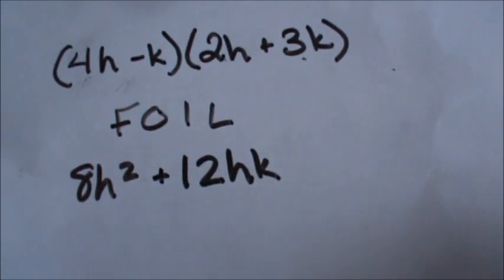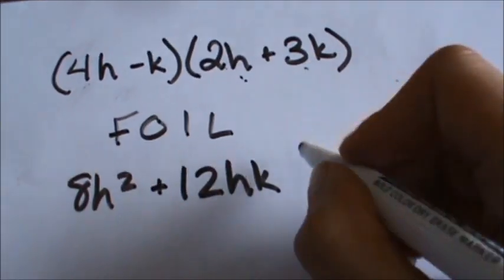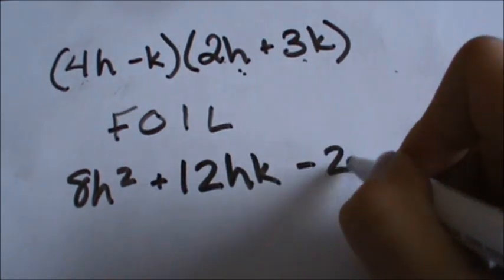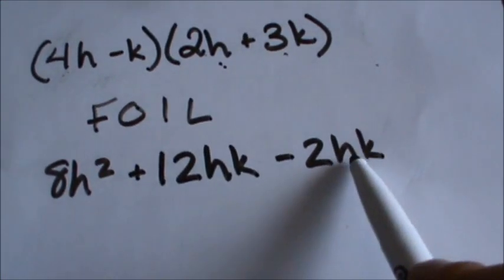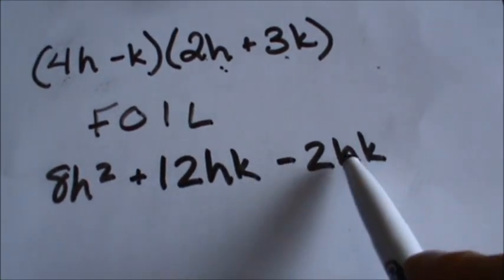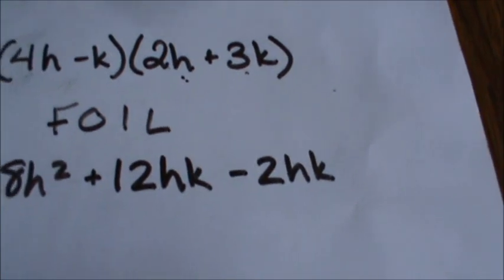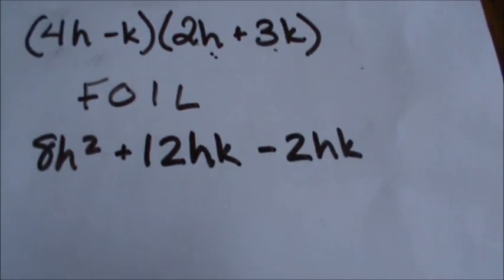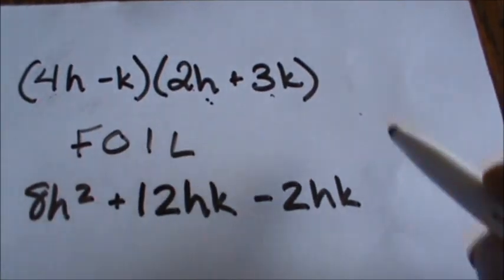12hk. Inner terms, negative k times 2h. That's going to be negative 2hk. Now some of you might want to write kh, but realize it doesn't matter what order these are in, and I'm usually going to put them in alphabetical order. So we're going to do that this time. Now the last is negative k times 3k.